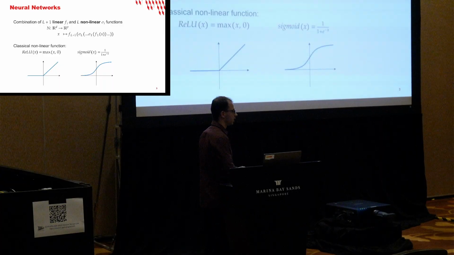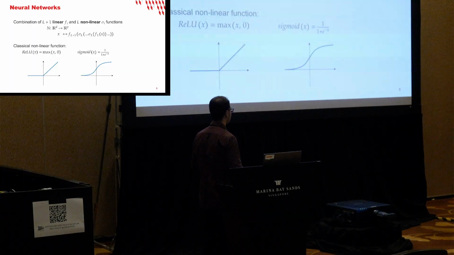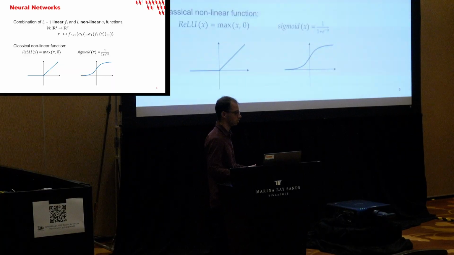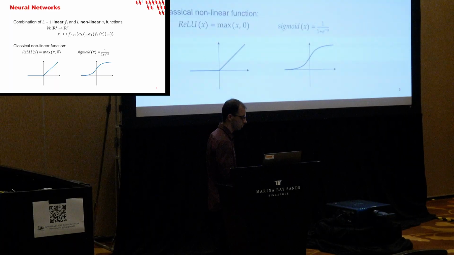It really depends, but generally I don't think we have L bigger than 30 or 50. It's never more than that. But it can be small: in the competition there are some networks where L is just 1, so just a linear function, a non-linear function, and another linear function. So small networks.